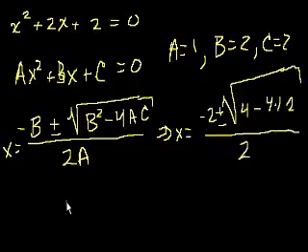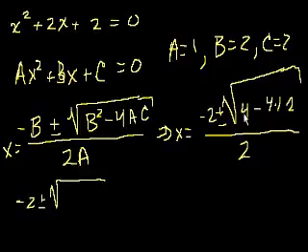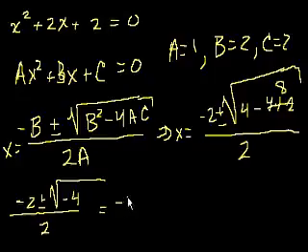So that equals, let's see, we get minus 2 plus or minus the square root of 4 minus, this is 8, right? 4 times 1 times 2. 4 minus 8, which is minus 4, all of that over 2, which is equal to minus 2 plus or minus. So the square root of minus 4, we could rewrite that as the square root of 4 times minus 1, right?